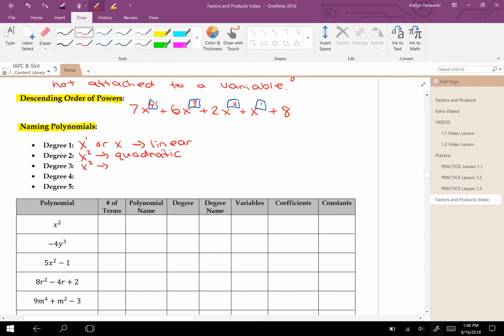X cubed is cubic. X to the power of 4, quartic. And x to the power of 5 we have as quintic. The most important ones are these first three terms.